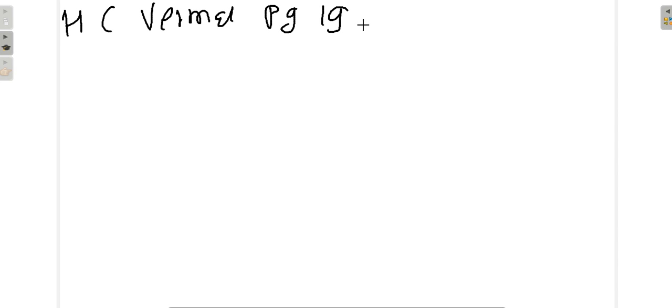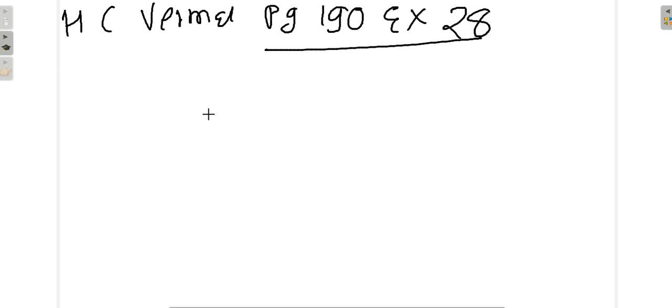I am referring to page number 190 of H.C. Verma, part 1. It is example 27, 28, 29. So many examples are there. So let us consider example 28. What they are saying is, there is a sphere of mass m and radius r.